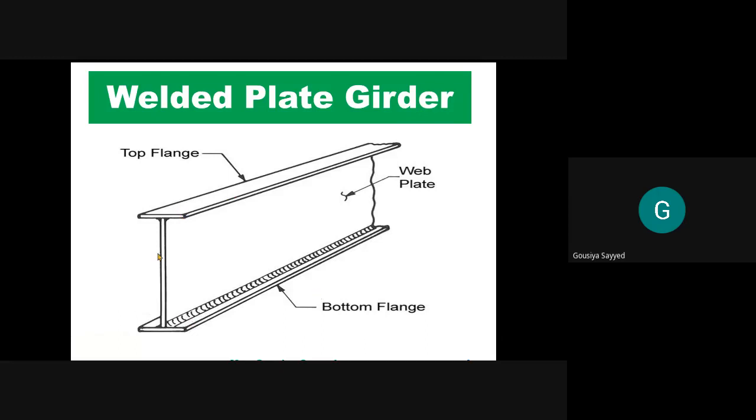It can form an I section by joining the web plate, and all these three plates form an I section. These plates can be joined by welding. So this type of structure which is formed by plates and joined together by welding is known as welded plate girder. The plate girder can be joined by bolted or welded connection.